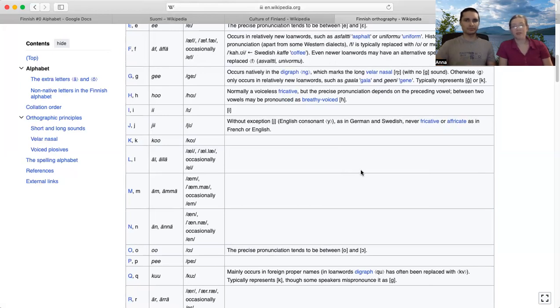Just the sound K, it shouldn't be difficult. Although in Estonia, I had a classmate who couldn't pronounce K. When he had to count, instead of yks, kaks, kolm, he said yks, as, kolm.